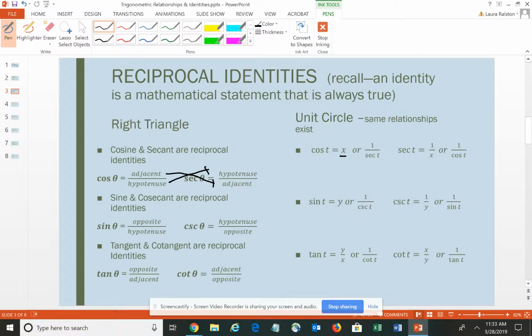So cosine is also recognized as 1 over the secant. It's the reciprocal of the secant, and secant is the reciprocal of cosine, so we can write it as 1 over cosine t. Those same reciprocal relationships exist between the sine and cosecant and tangent and cotangent. So you have the reciprocal identities.